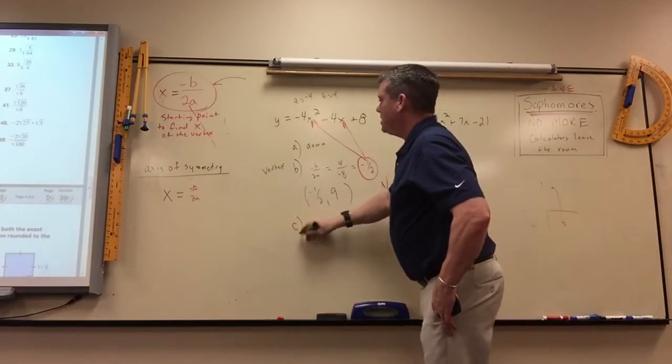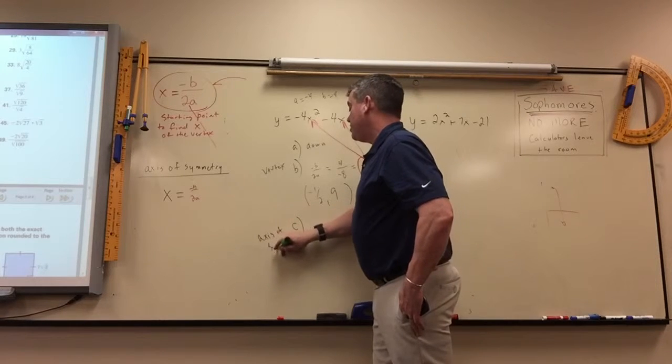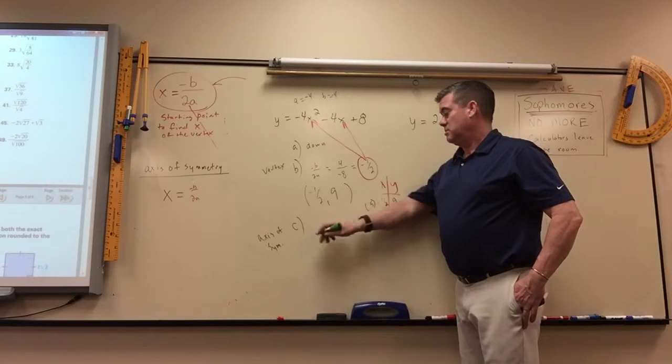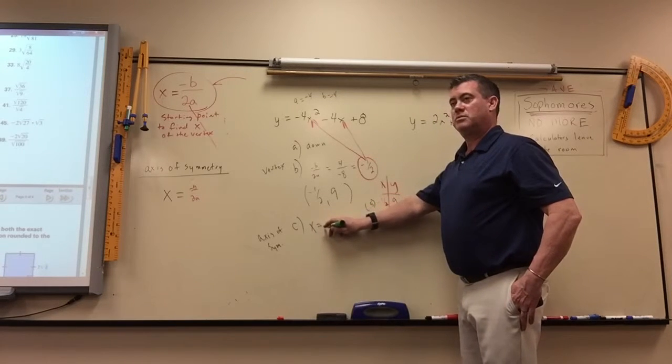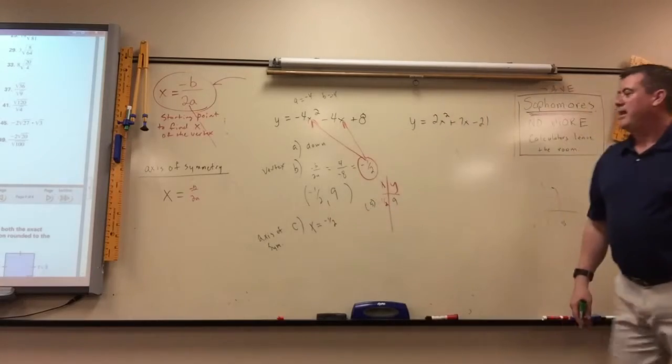And then part C is, what's the axis of symmetry? And this is the simple part, as long as you did this. X equals negative 1/2. Okay?